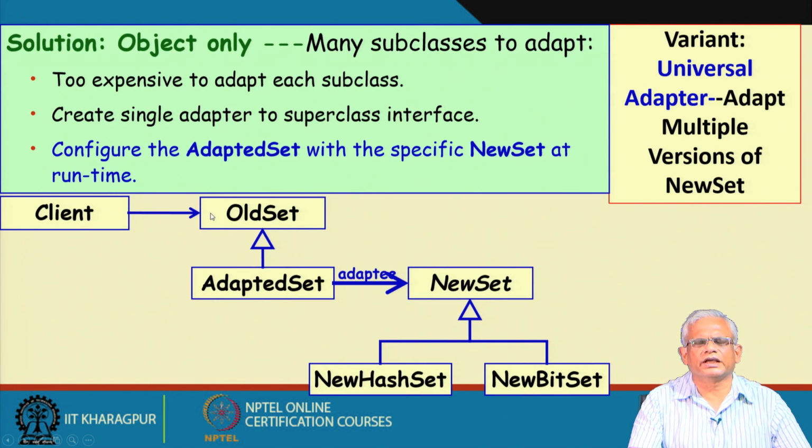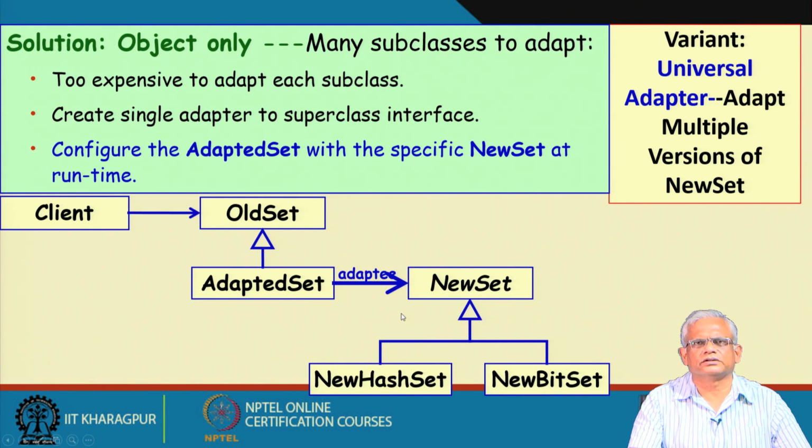The main idea behind the universal adapter is that the adapter here implements the adaptee and implements the target and has a reference to the adaptee, and we have various types of adaptee here. So, it can work with any of these different adaptees.